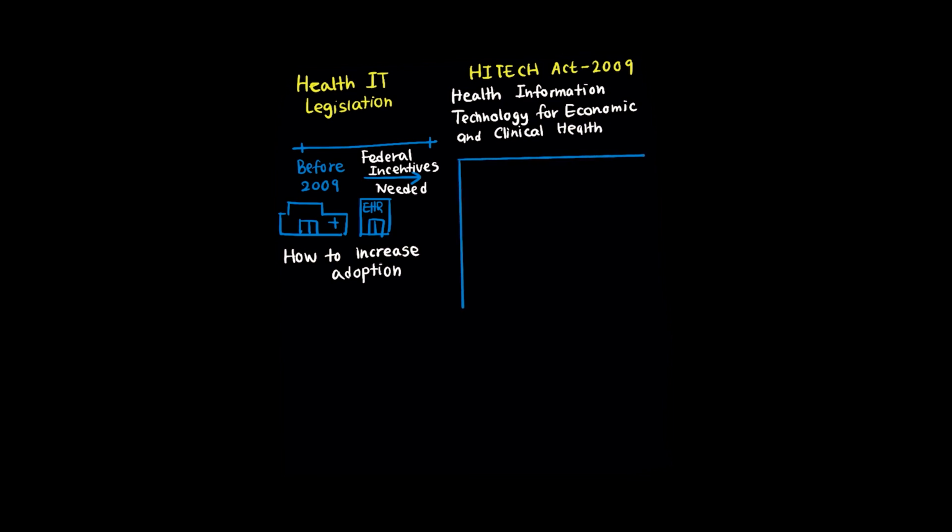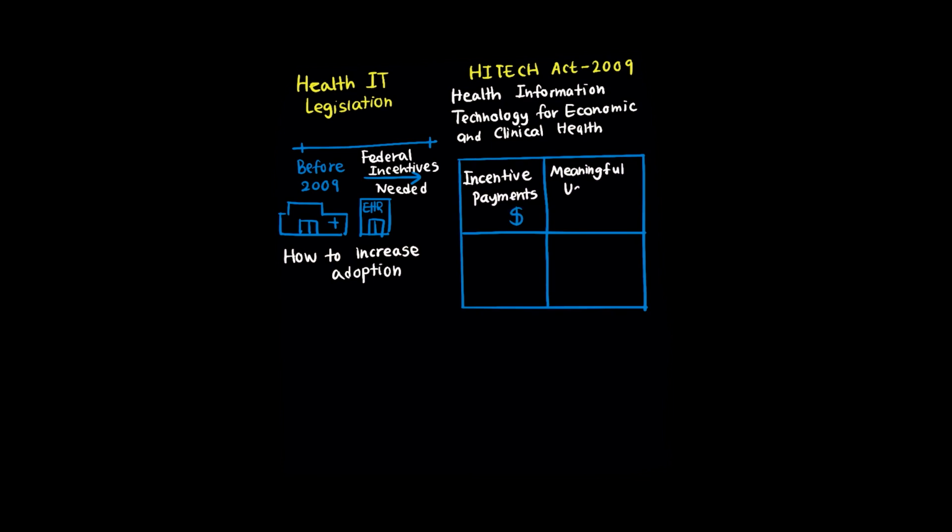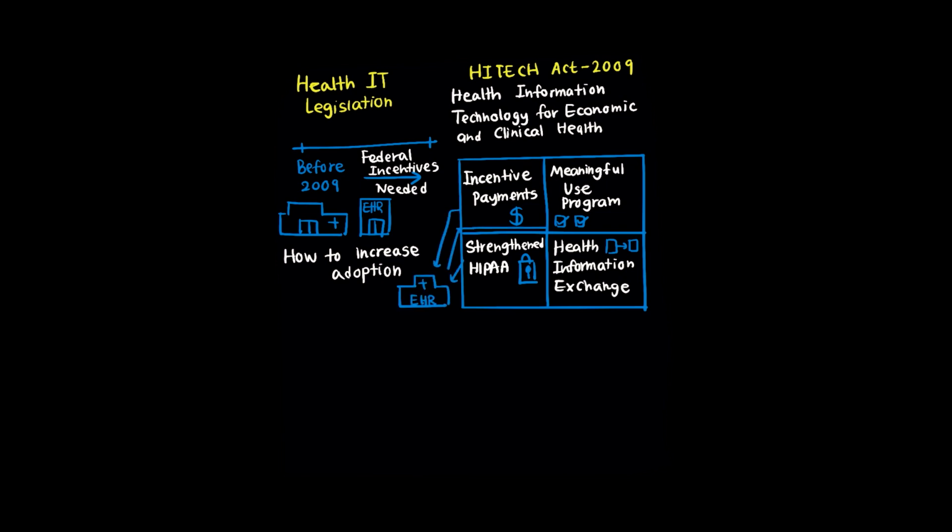High-Tech did several things. It provided billions of dollars in incentive payments to hospitals and physicians who adopted certified EHR systems. It established the Meaningful Use Program that defined what qualified as effective use of health IT for quality improvement. It promoted health information exchange, and it strengthened HIPAA privacy and security provisions.